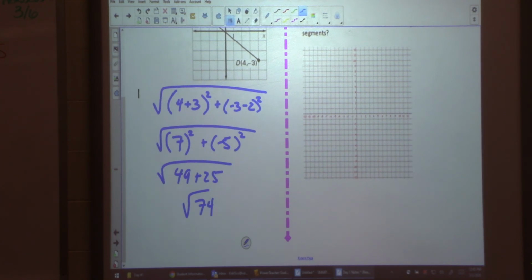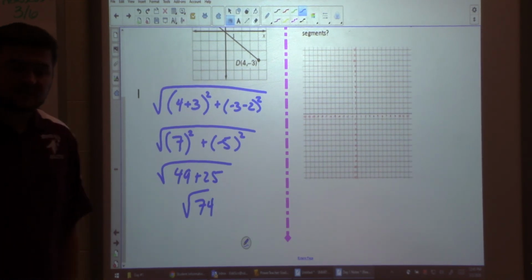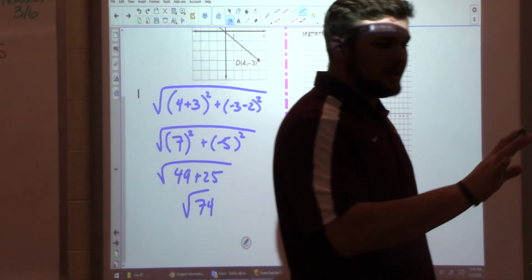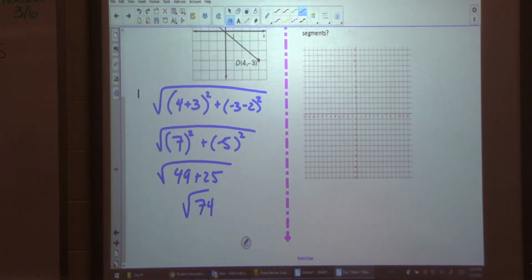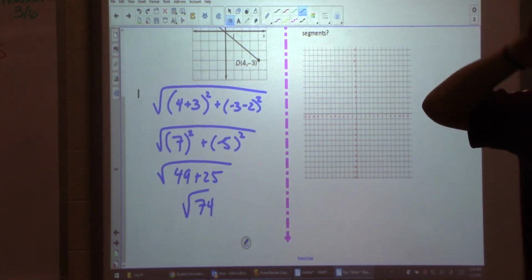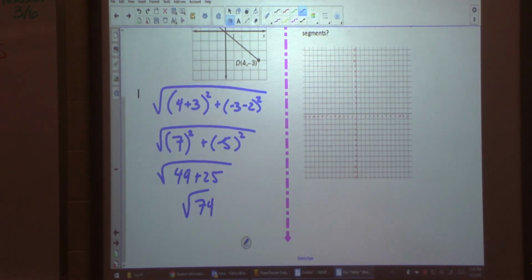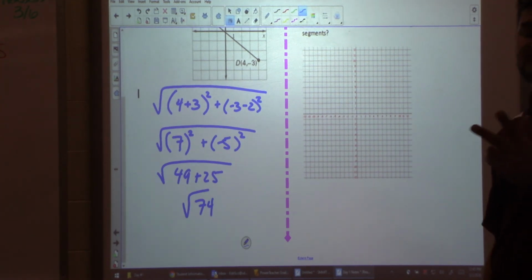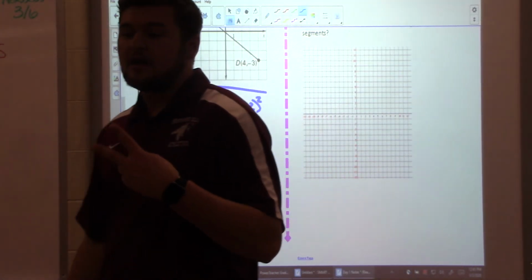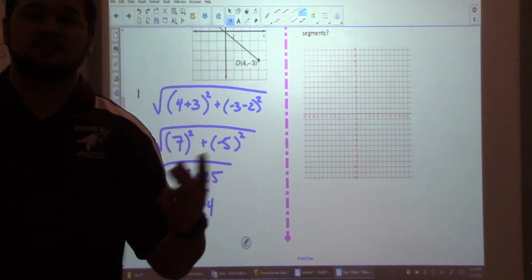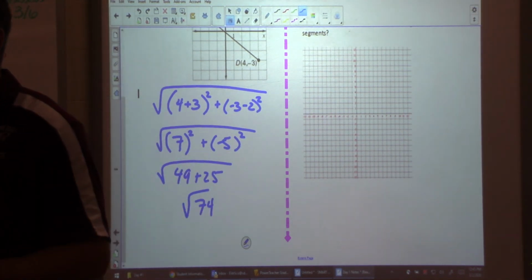Now what do you think I should try and do with that? Simplify it, right? Simplify the radicals. So, here's what I'm going to say about the distance formula and simplified radicals. If we're just specifically looking for a distance, like we are here, I would like it in simplified radical form. If you are comparing two distances, like we'll do in the next problem, then you can change them to decimals so you can see what the actual value is.